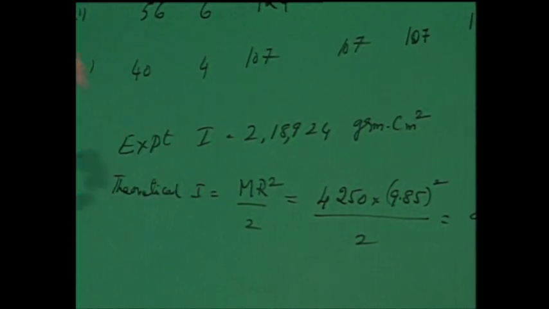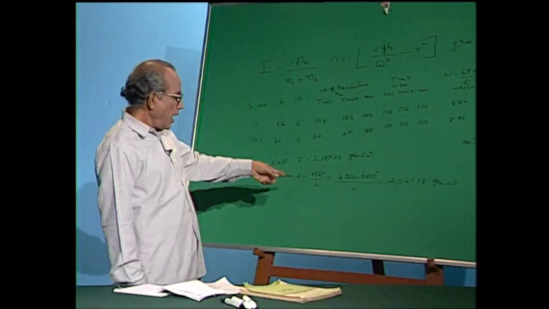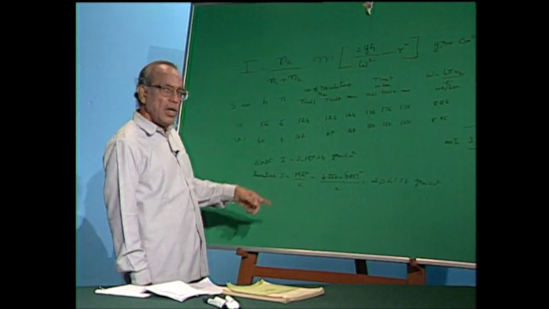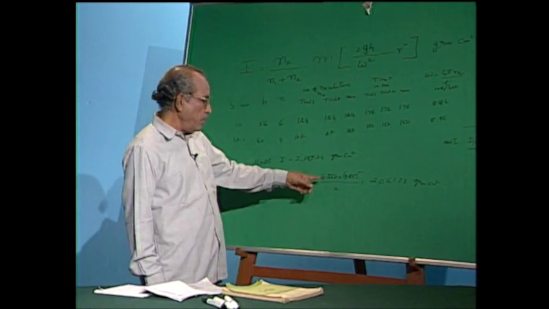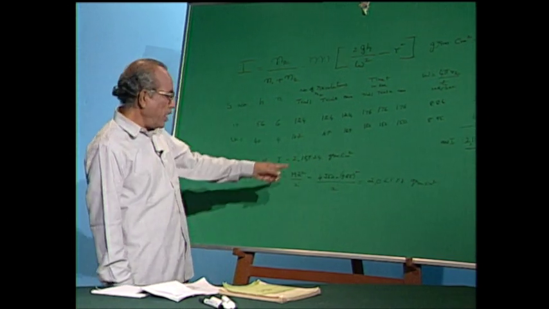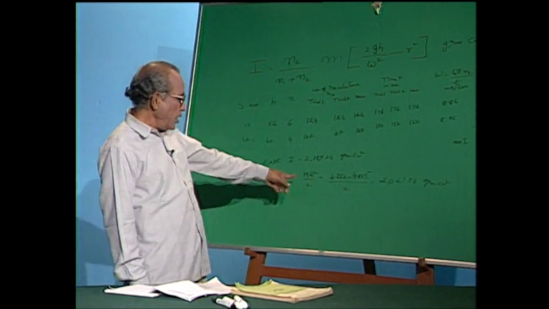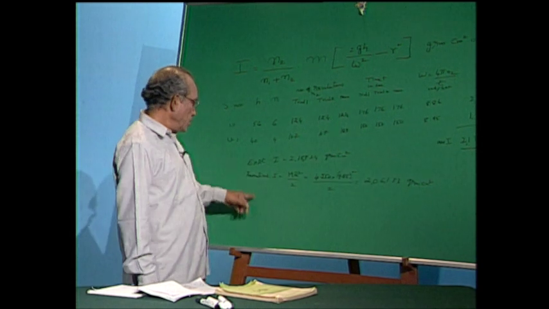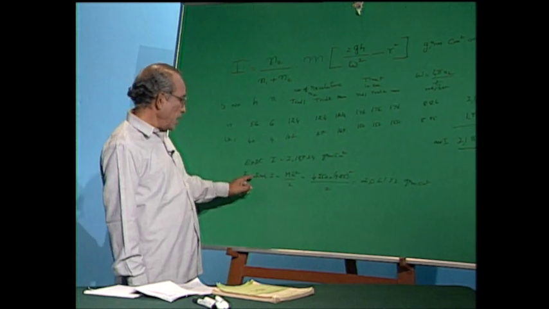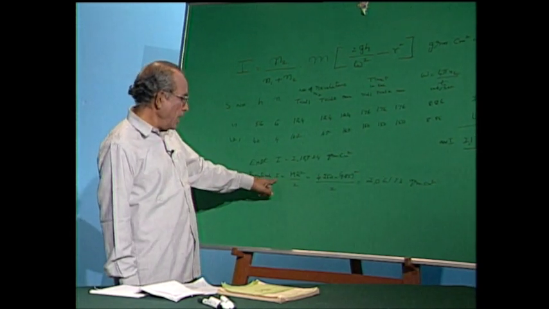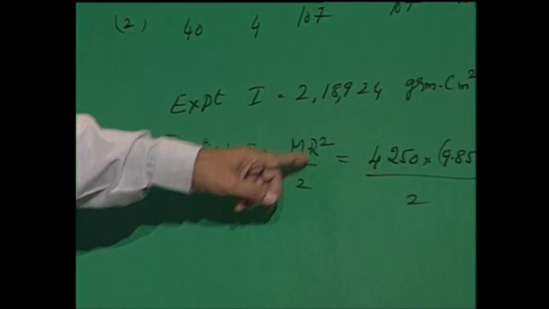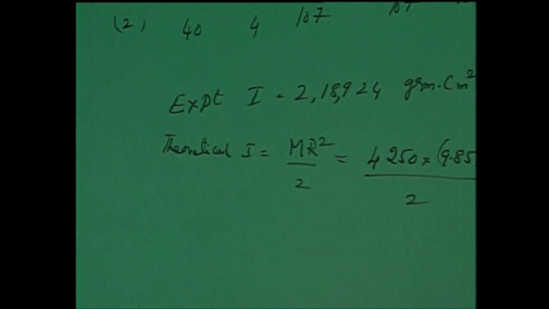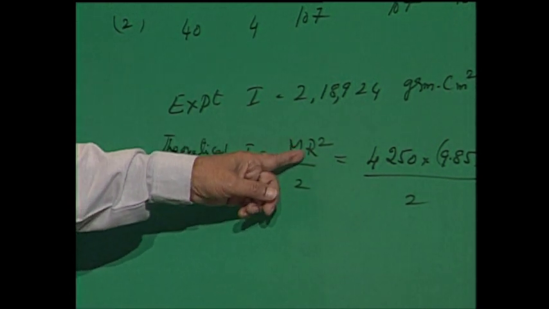We can verify it theoretically, using the theoretical formula, without doing the experiment also. Once you know the mass of the flywheel and the radius of the flywheel, which we have already determined, the radius being 9.85 by finding out the circumference, the theoretical formula is I, the moment of inertia of the flywheel, equal to m r square by 2, where m is the mass of the flywheel and r is the radius of the flywheel.